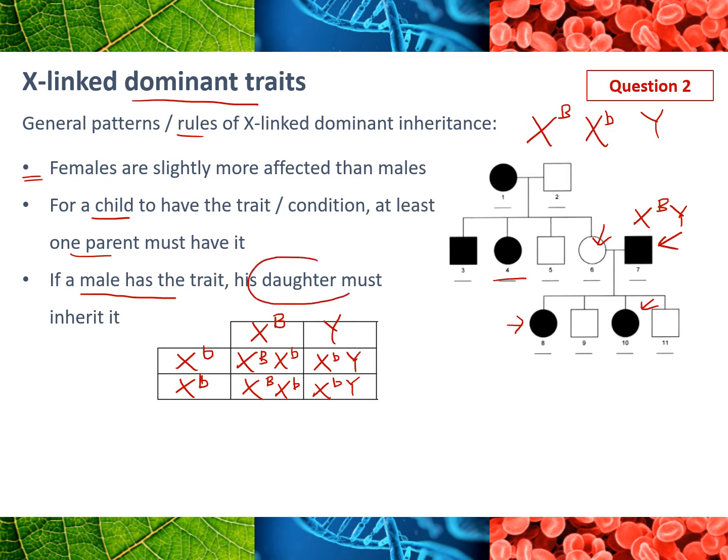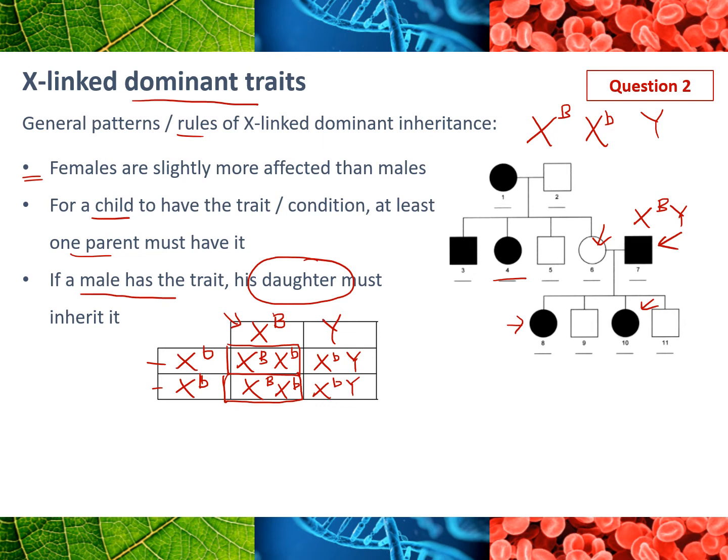His daughters will inherit his X chromosome. Daughters will get 1 X chromosome from their mum and 1 from their dad. So even though the mum handed on her recessive allele, his daughters have to inherit the dominant X allele from the dad.